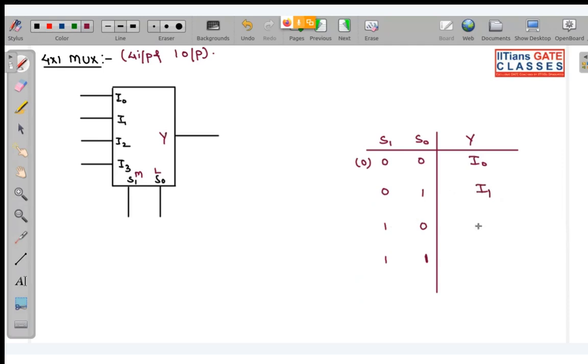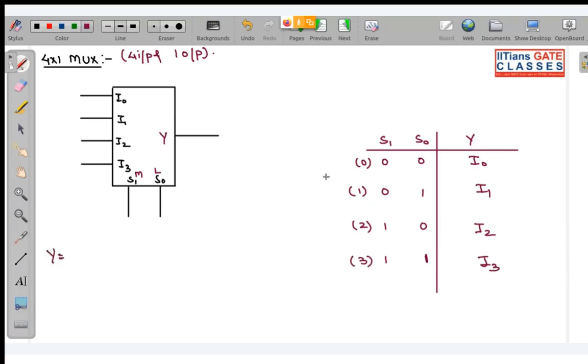If it is 1 0, that corresponds to decimal 2, so I2 will be selected. If it is 1 1, this corresponds to 3, so I3 will be selected. Now if you want to write the Boolean expression for this, how can we write it?